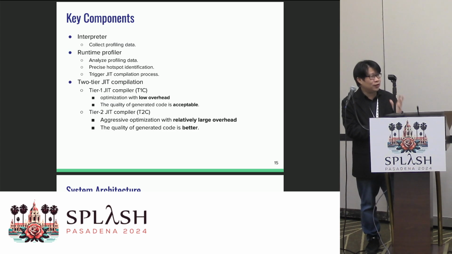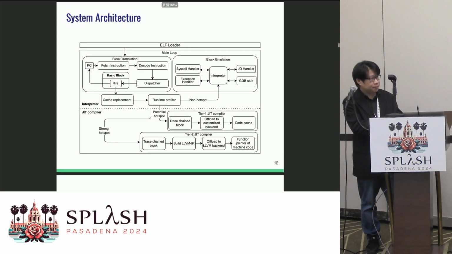The first tier compiler, T1C, is used to generate code very fast, so only basic optimizations are present in T1C. And for the tier 2 JIT compiler, it's possible to enable aggressive optimization. At the moment, we use LLVM, and later we will try other advanced optimization frameworks as well.